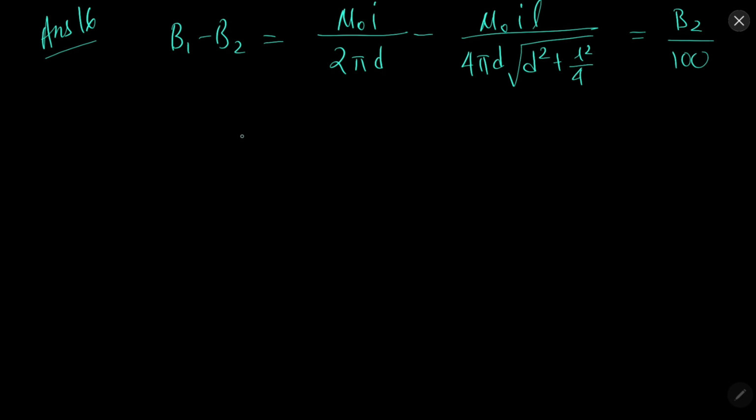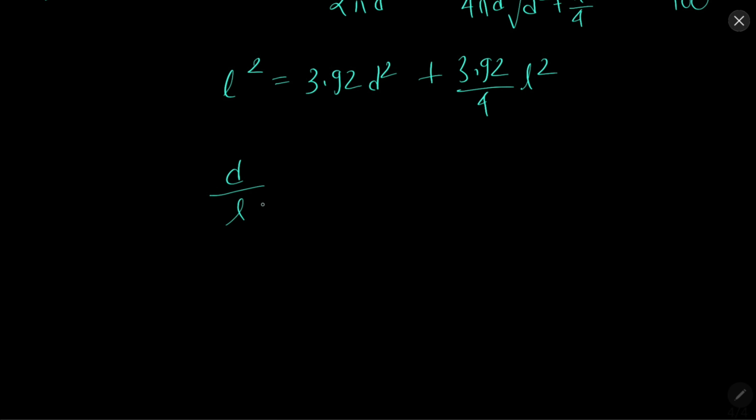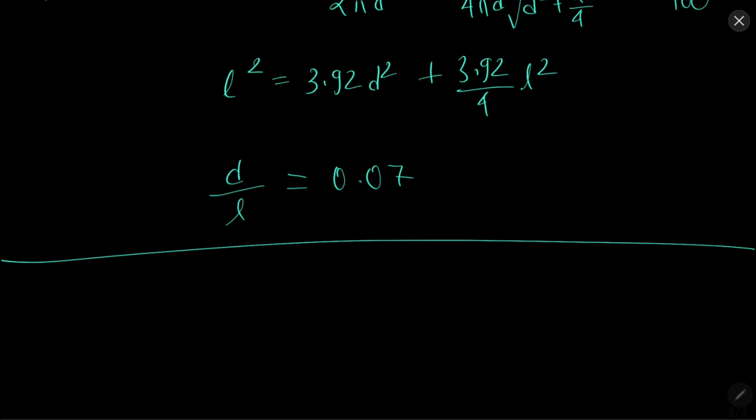So ultimately, when we simplify this scenario, L square will be 3.92 d square plus 3.92 by 4 L square. D by L will come out to be 0.07.